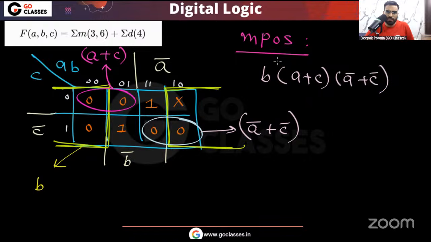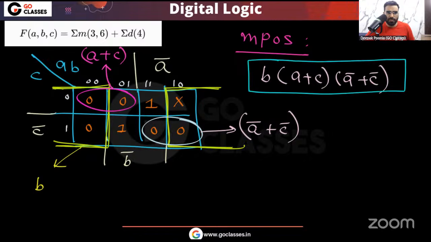Now just notice one thing. To get this minimal product of sums expression that you got here, basically we considered this don't care as 0, right? Yes or no?